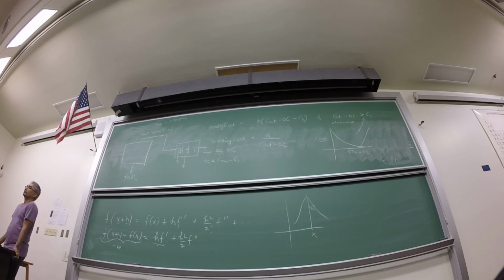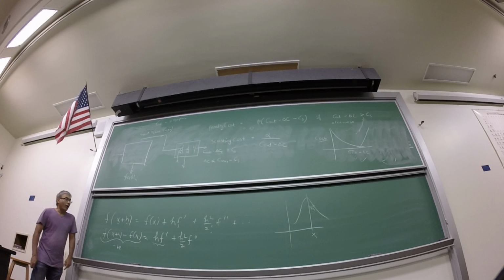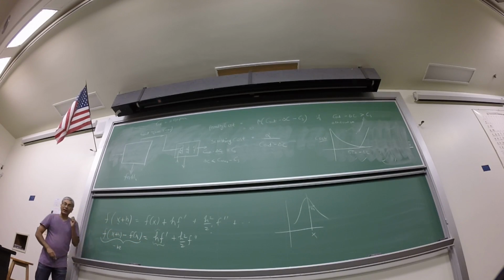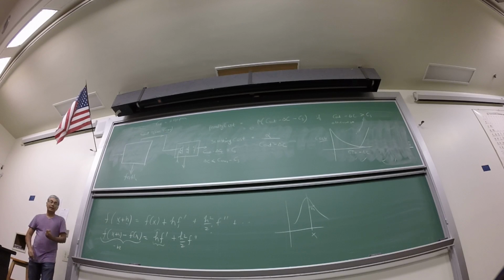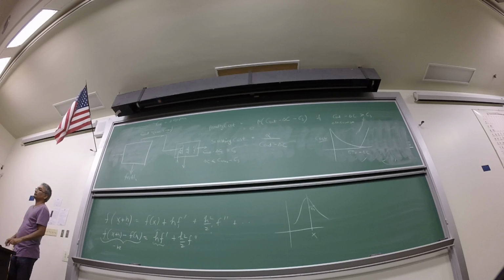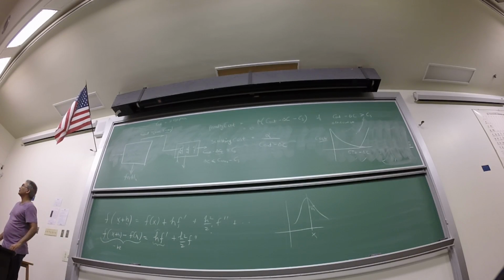Does it make sense? If h is negative, is f negative? Now the point is for f to have a maxima at x, this difference must be negative on either side of x. Make sense?